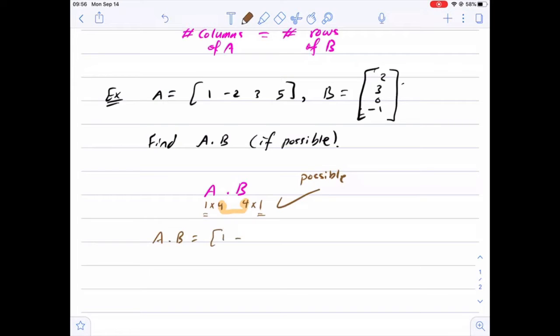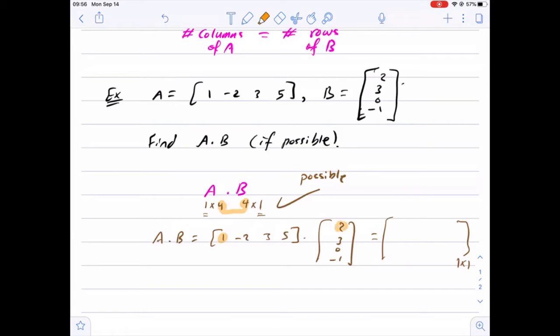So we have A as 1, -2, 3, and 5, and B is 2, 3, 0, -1. In order to multiply them, we need to know the order of the resulting matrix. It's 1 by 1, so just one element. And then we multiply each corresponding element.